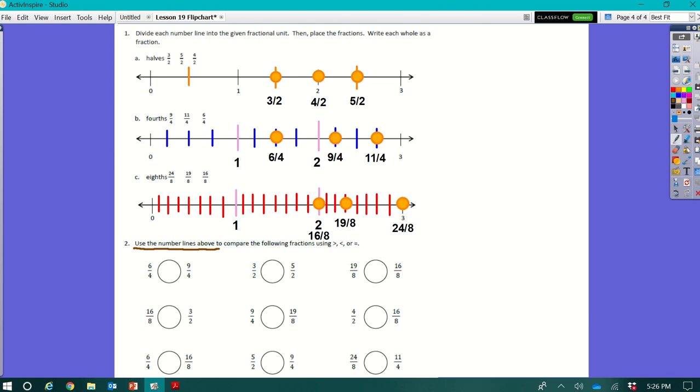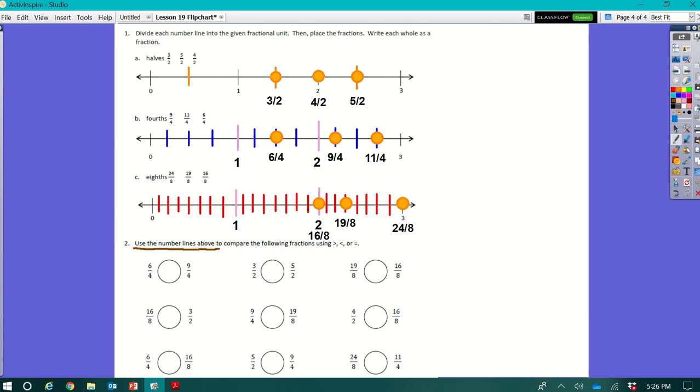So for these, you don't have to draw anything because you've already drawn it up above. So all you have to do is find these fractions and compare them. Remember, if the fraction is closer to 0, it is smaller. If it's closer to the whole number 3, then it's larger.